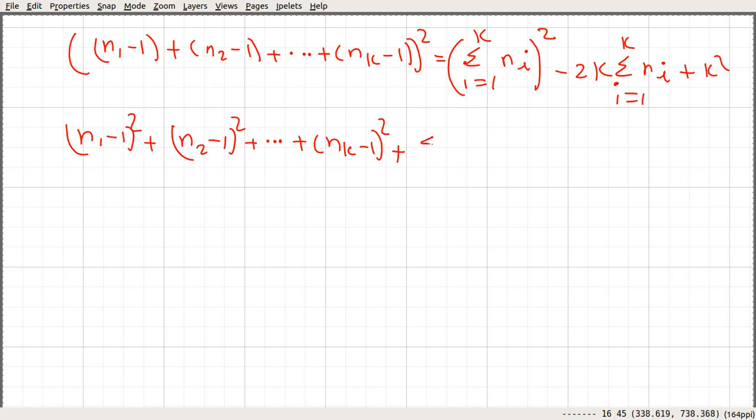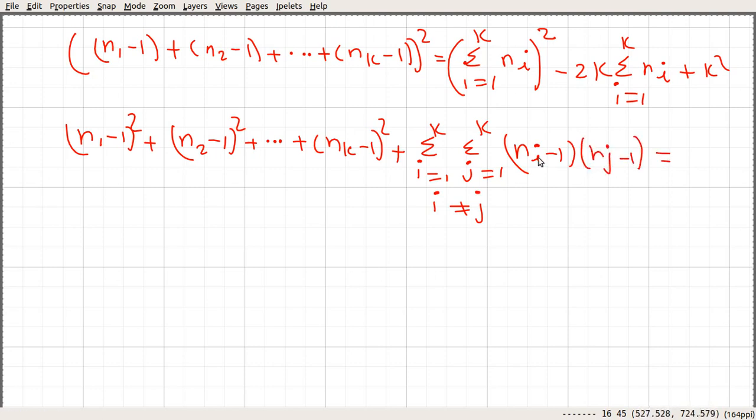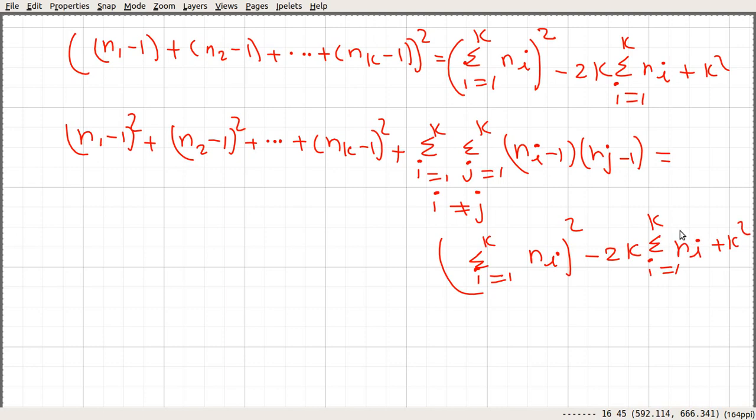The cross terms are the sum over i from 1 to k, sum over j from 1 to k, i not equal to j, of ni minus 1 times nj minus 1, and that's equal to the right hand side: the sum of ni whole squared minus 2k times the sum of ni plus k squared.